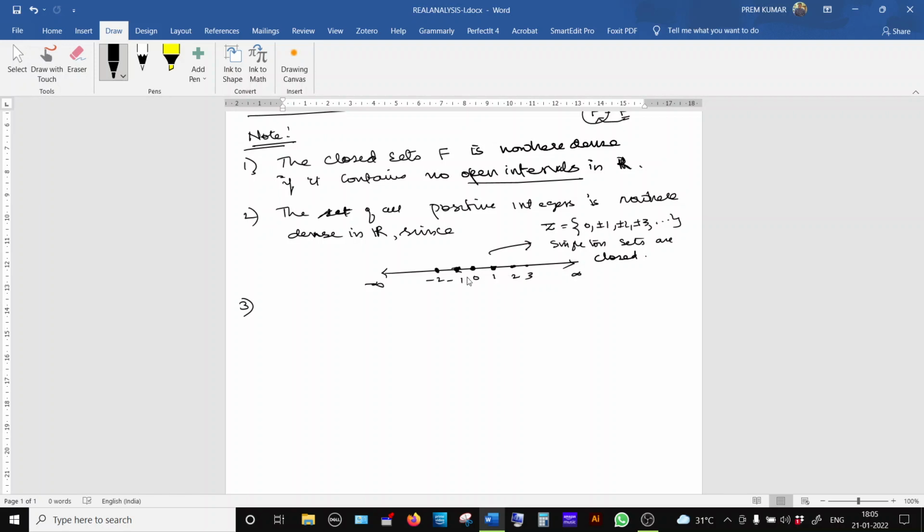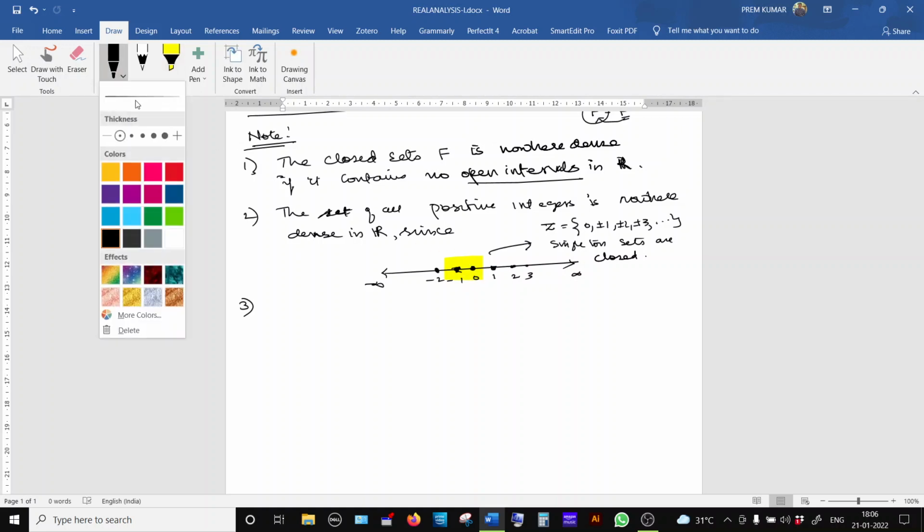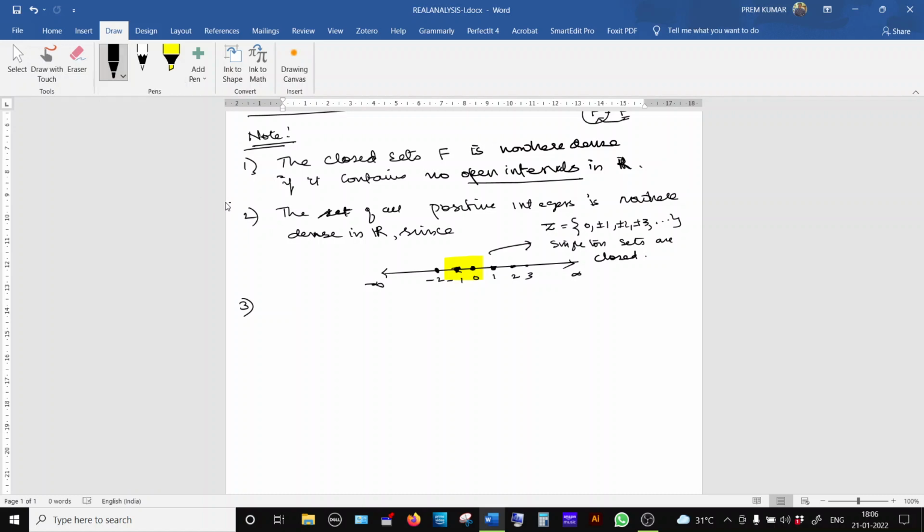So the set of all integers is closed, and it cannot contain an open interval. Any open interval should be continuous, but the set of all integers contains only these dots, so it cannot contain a continuous set of numbers. And each element in the set is a closed set.